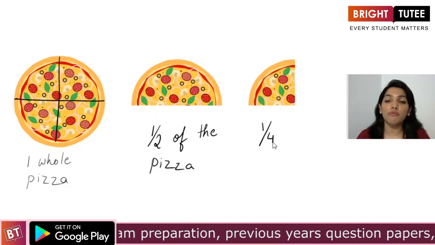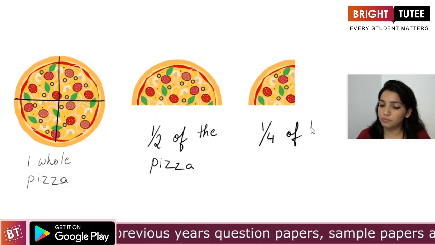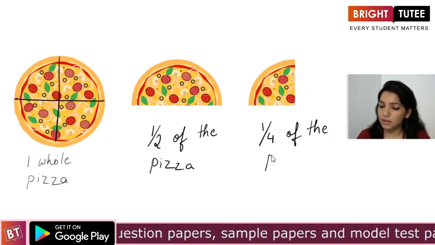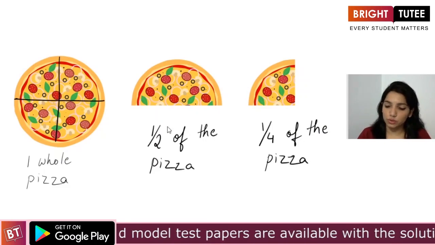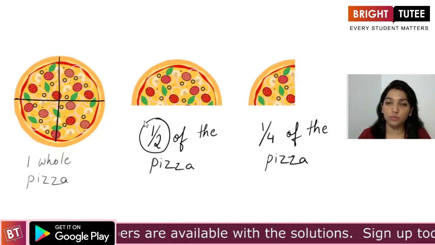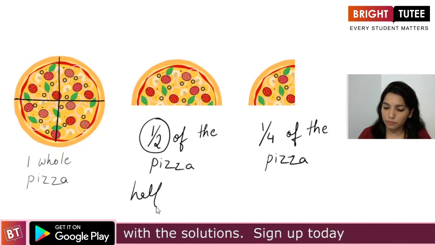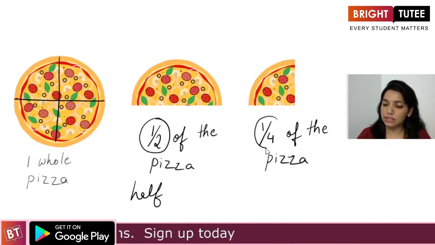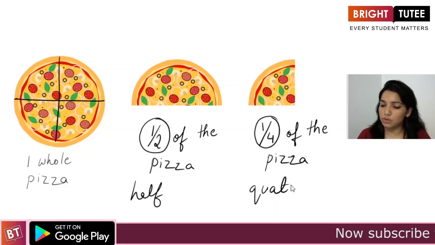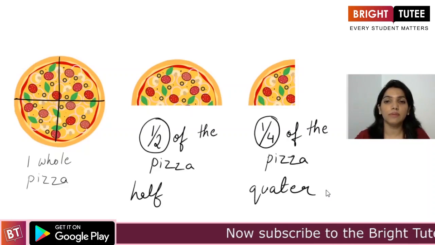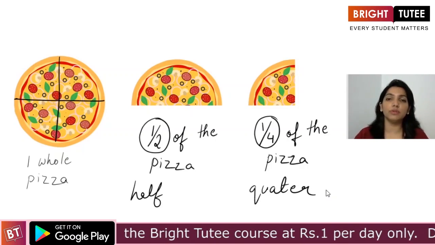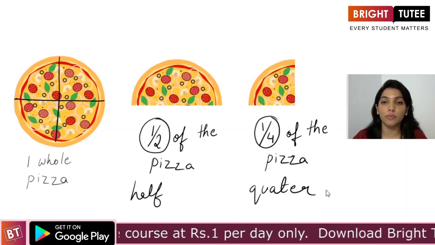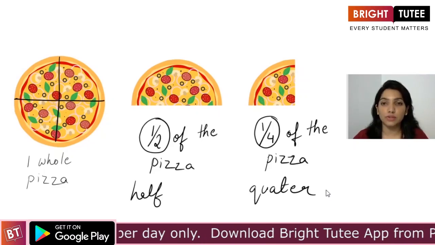It's 1/4 of the pizza. This 1/2 we call half. Similarly, this 1/4 is called a quarter. This is a real example that you can think of where you deal with such fractions.